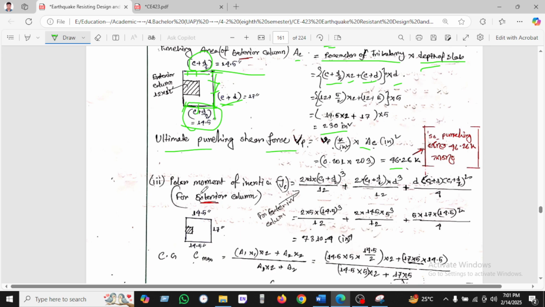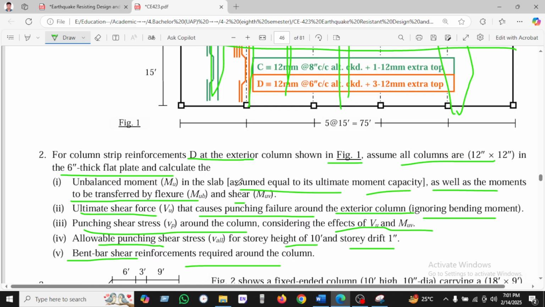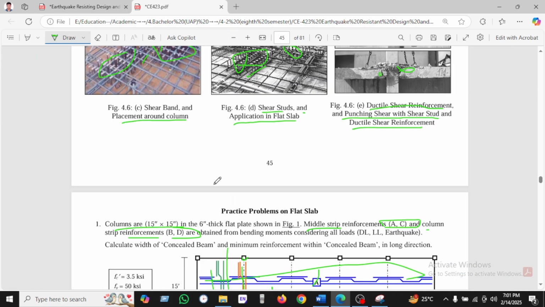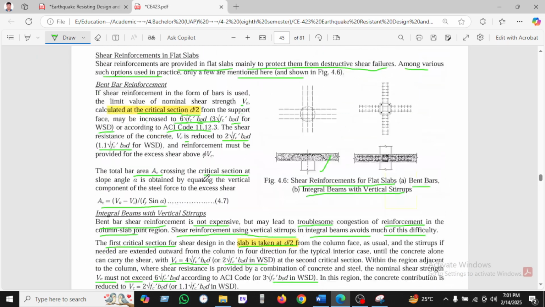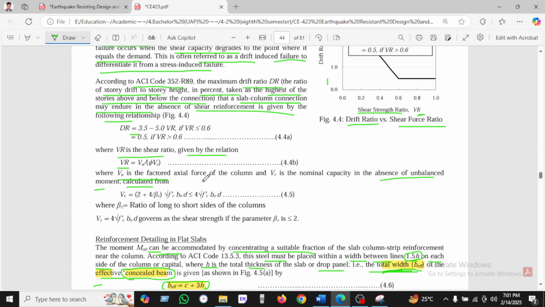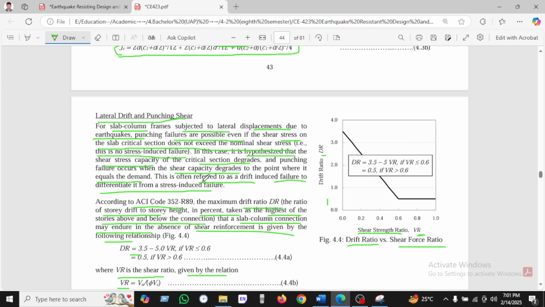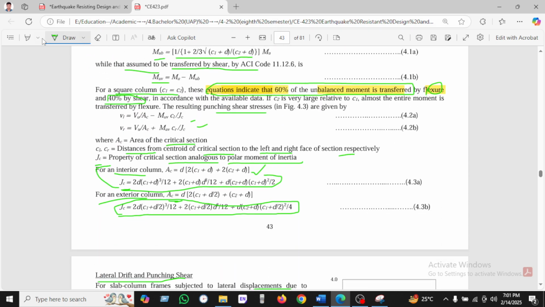So polar moment of inertia we have been used here for exterior column as we have been seen previously. Okay, this is the important. So this is the exterior and this is the interior. So we have to keep in mind this is the polar moment area, interior and exterior column.